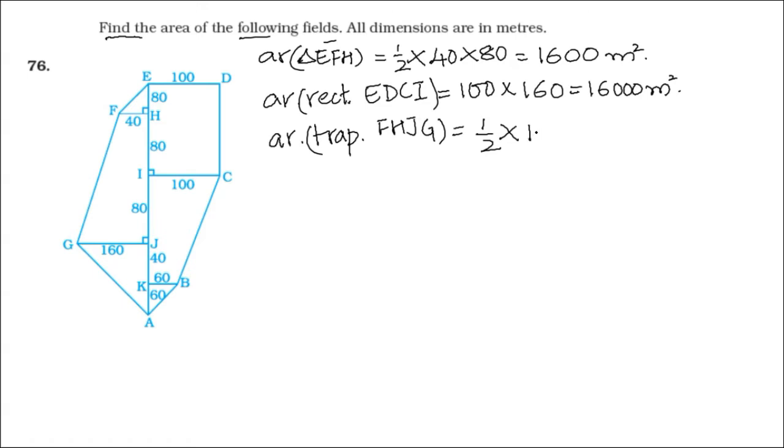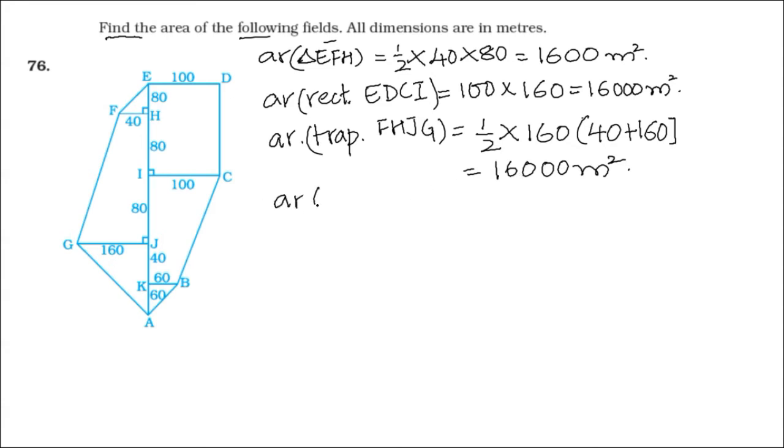Is it 160? Yes, it is 160. Multiplied by the sum of the parallel sides, 40 added to 160. 40 added to 160 is 200, into 160 divided by 2. This will be 16,000 meter square.